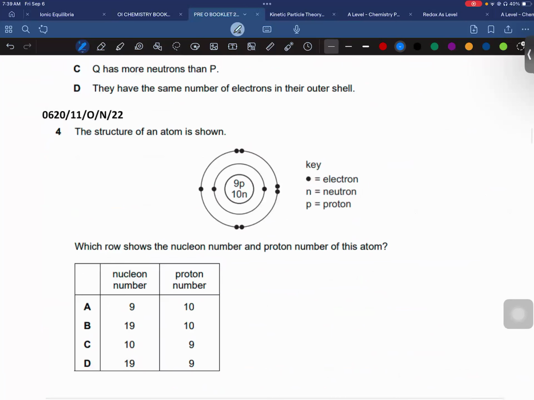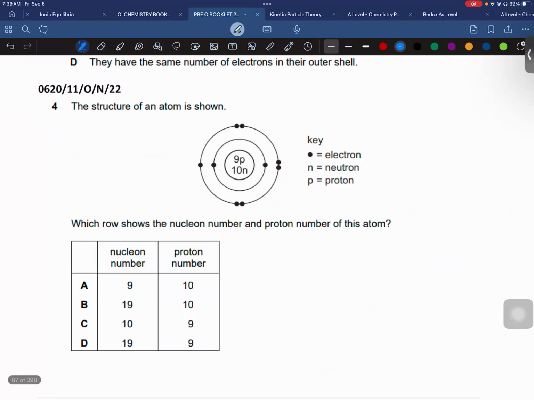See this question 4. The structure of an atom is shown. Key: electron, neutron, and proton. Which row shows the nucleon number and the proton number of this atom?